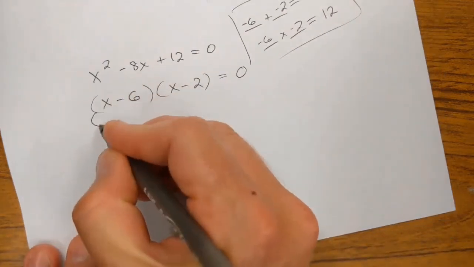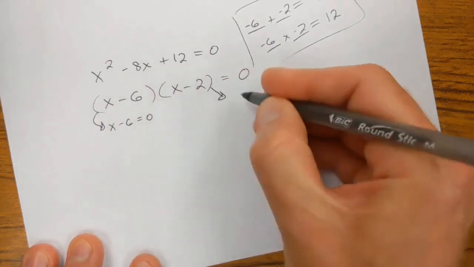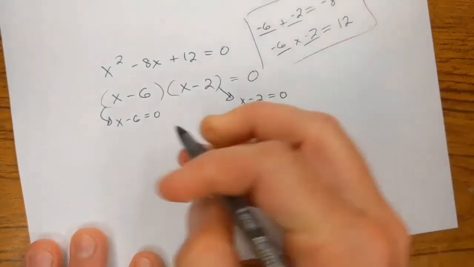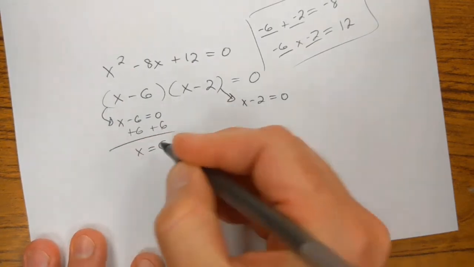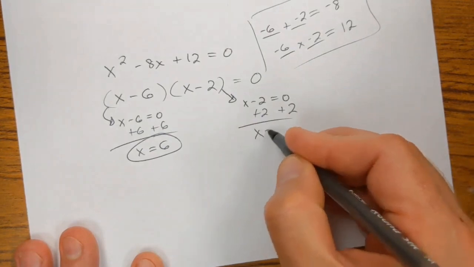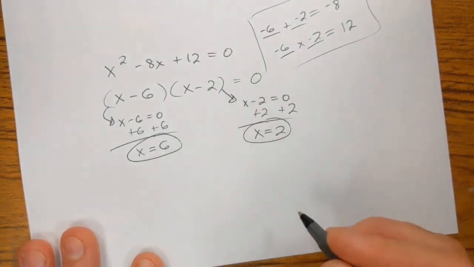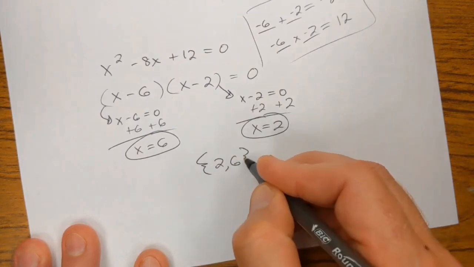And then what that means is now you can set each of these factors equal to 0. And you would get the same solutions. You would get one solution of x equals 6. You would get another solution of x equals 2. And so that's a handy shortcut that works some of the time, not all of the time.